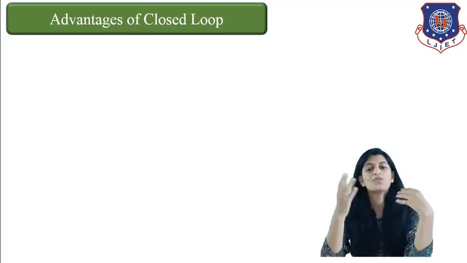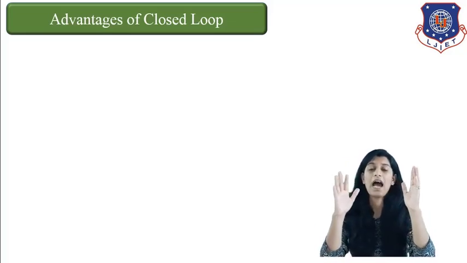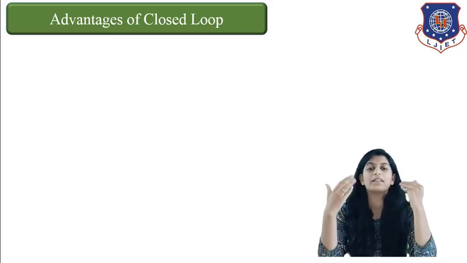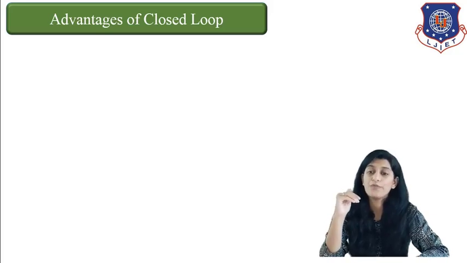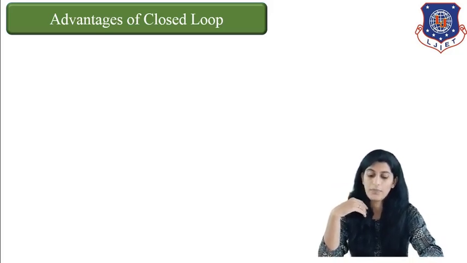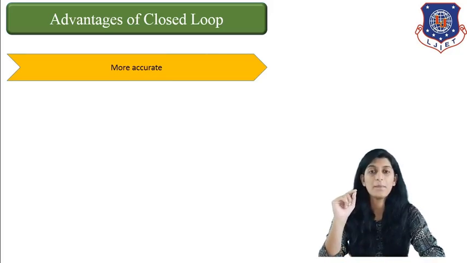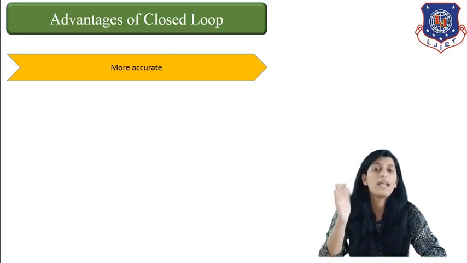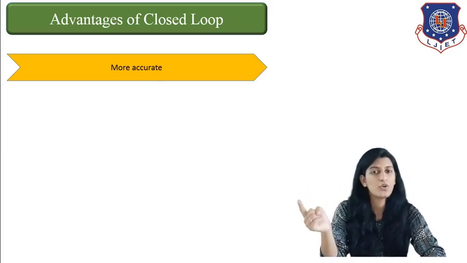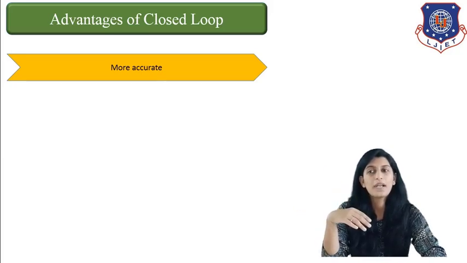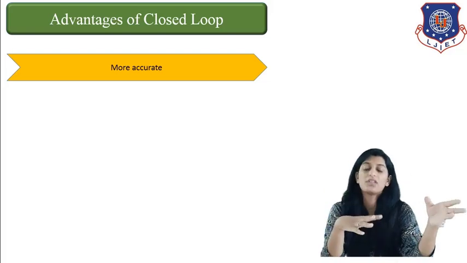Because whether to select an open loop or a closed loop, we must first have a clear picture in our mind of what the advantages and disadvantages of the system are which we are going to select. So the first advantage of a closed loop system is that it is more accurate as compared to an open loop system. Why is it more accurate? Because we have seen in case of an open loop system, our output is unbounded.